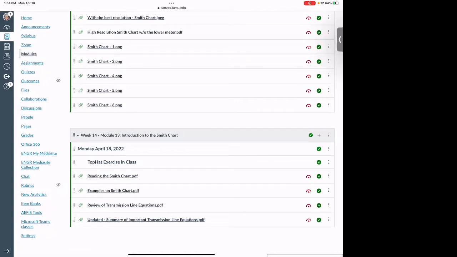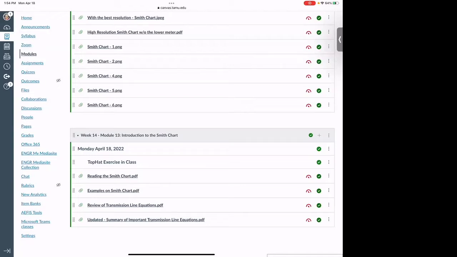The first is the review of transmission line equations, and the second is a summary of important transmission line equations.